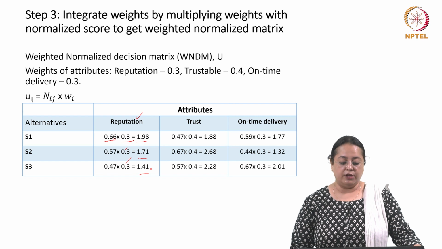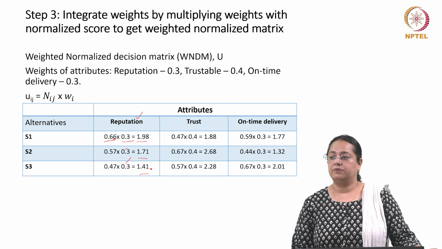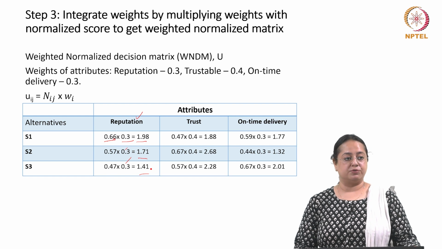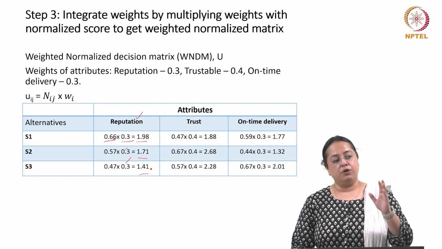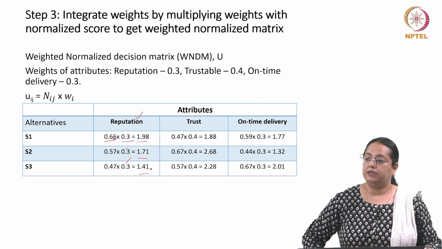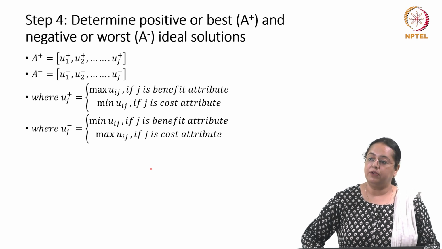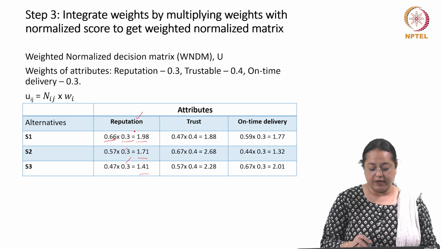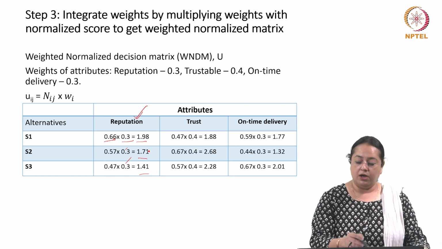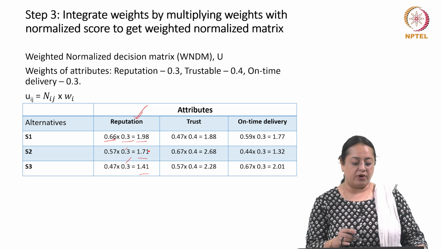Now our matrix is ready, which is normalized and has captured the importance of attributes. Now we need to go forward to find the positive ideal and negative ideal solution. For each attribute, we have the weighted normalized score for each alternative, or each supplier.